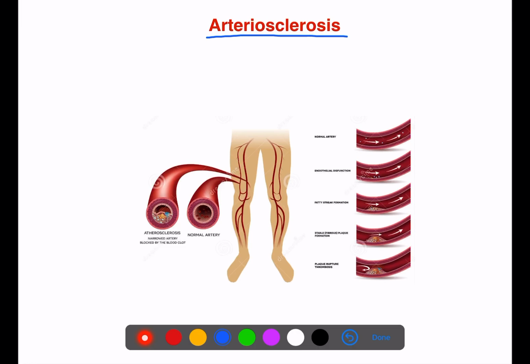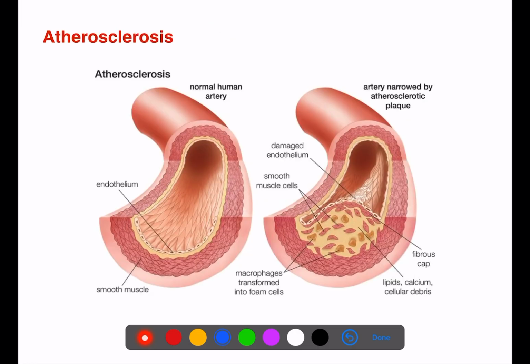This hardening of the blood vessel wall causes loss of elasticity and increases hypertension within the blood lumen. Arteriosclerosis is classified into three types: atherosclerosis, arteriolosclerosis, and medial calcification.